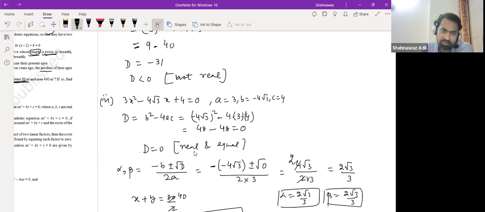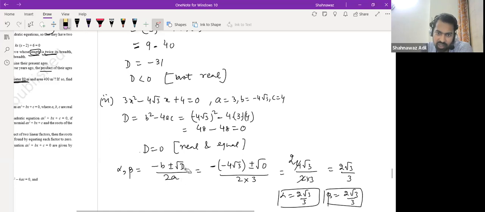Is this clear to you? Okay, so we have applied the quadratic formula, right? We didn't use the middle term splitting. We can use any method, but if the numbers are small, like 3, 4, 4, then we can use the middle term splitting.